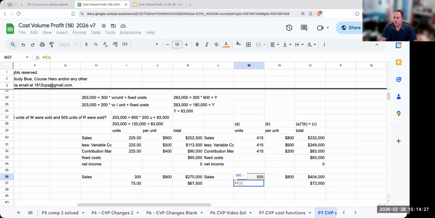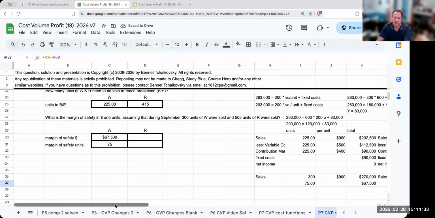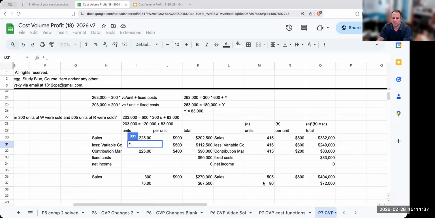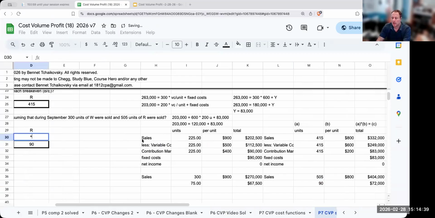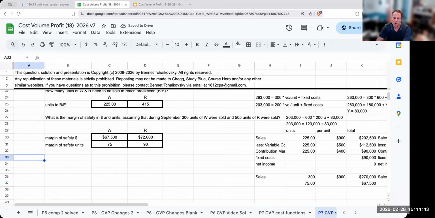Over here, this is going to be my units sold minus my units at break-even, or this is going to be 90. So right over here, you're going to have this at 90. And my margin of safety in sales dollars is at 72,000. So this right over here is an example of going through and determining the margin of safety.